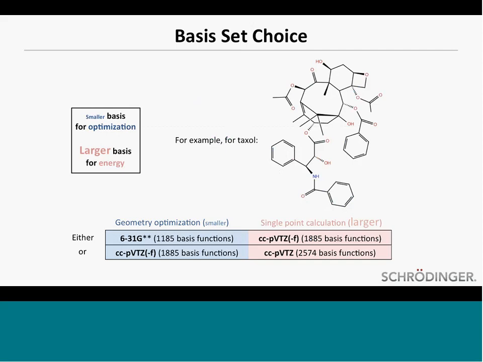Now, what I want you to do is note the number of basis functions that are here. We are still in the thousands of basis functions. This makes this a very large calculation, and it can be prone to convergence issues. So this is why it's really important with quantum calculations to be prudent in the size of the system you wish to carry forward.